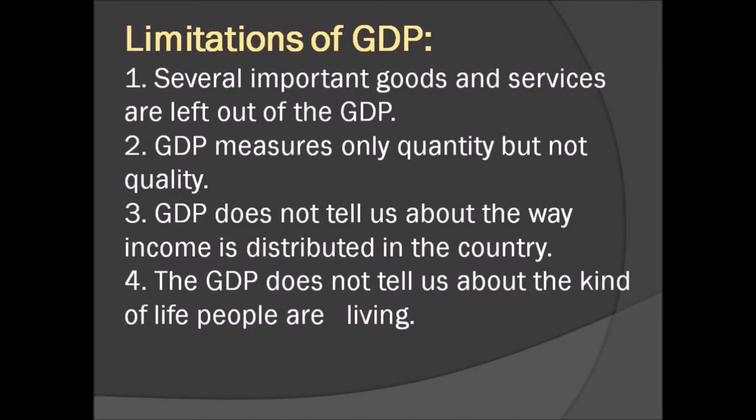So the quantity of production of ballpoint pens also increased. Even though the improvement in quality led to increased purchasing, the quality of the product is not captured by the GDP.